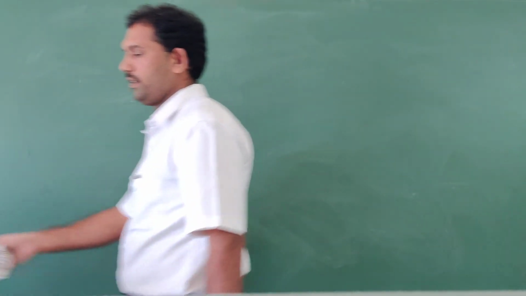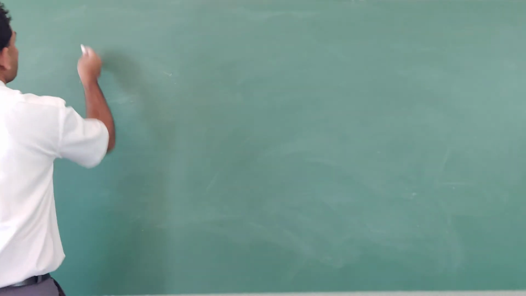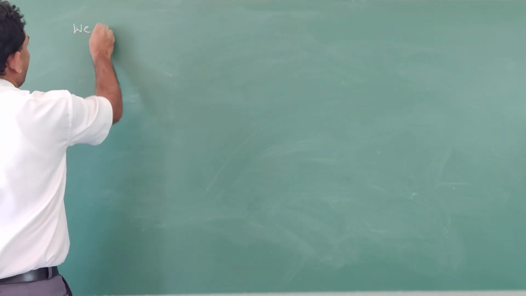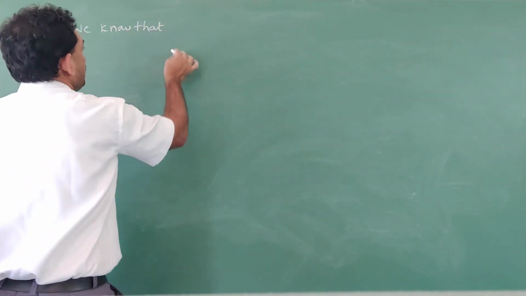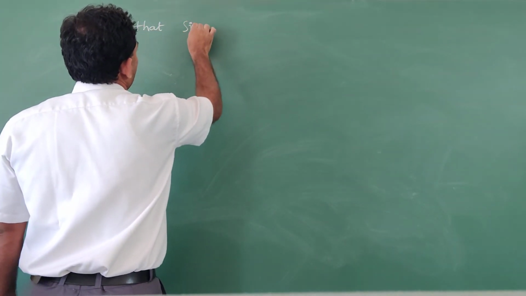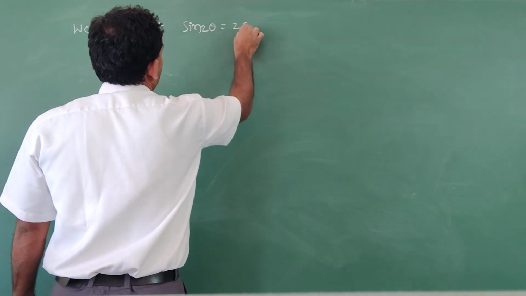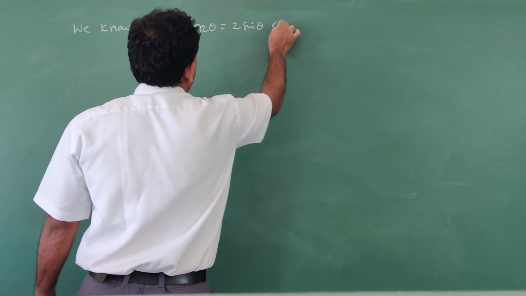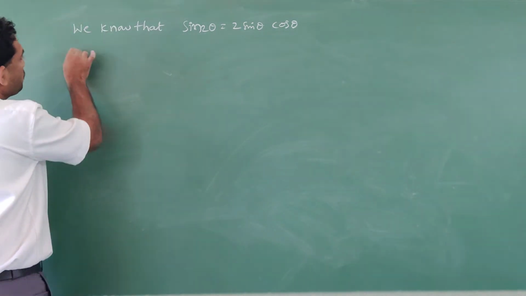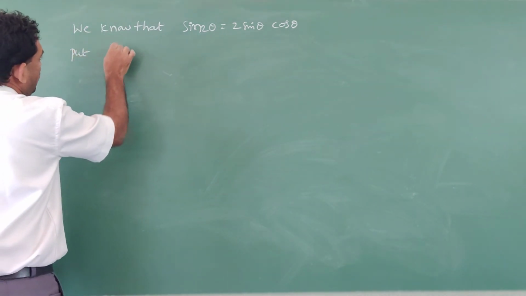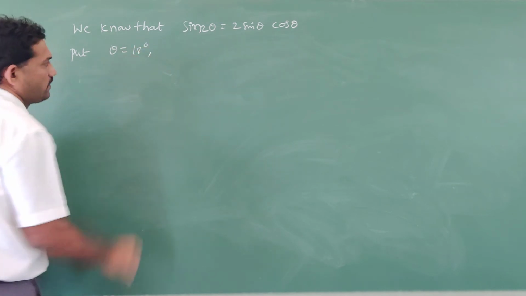Sin 36 degrees. We know that sin 2 theta equals 2 sin theta cos theta. Put theta equal to 18 degrees.